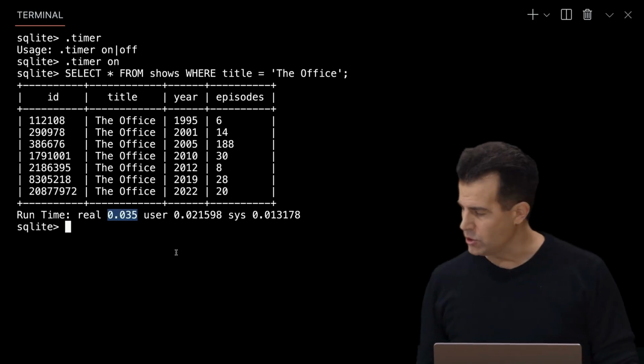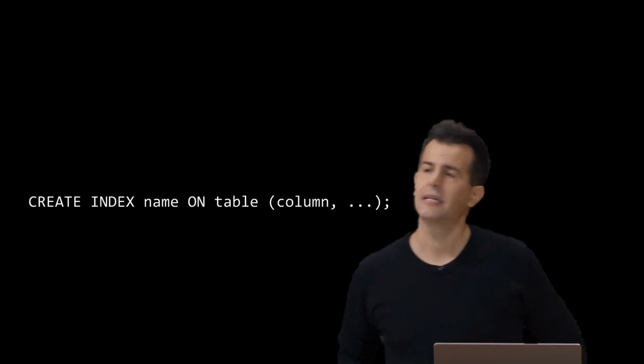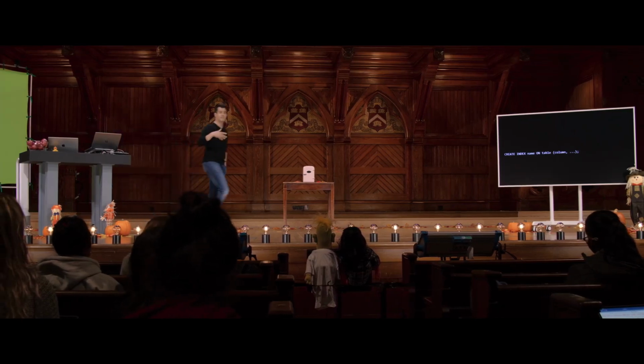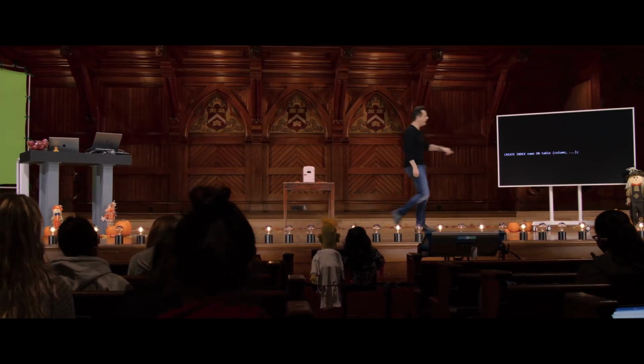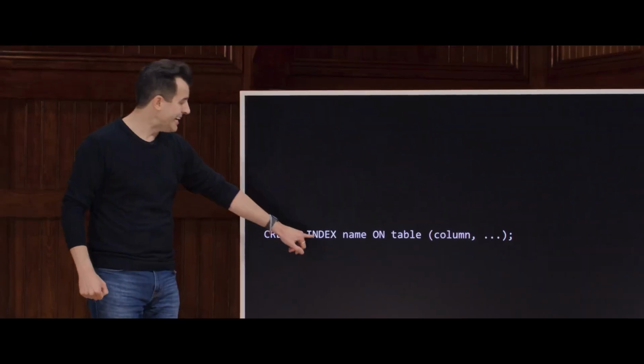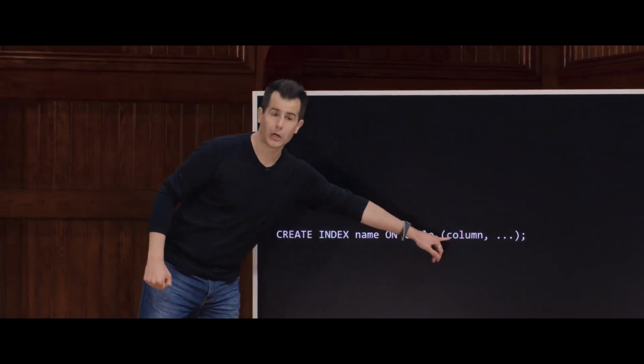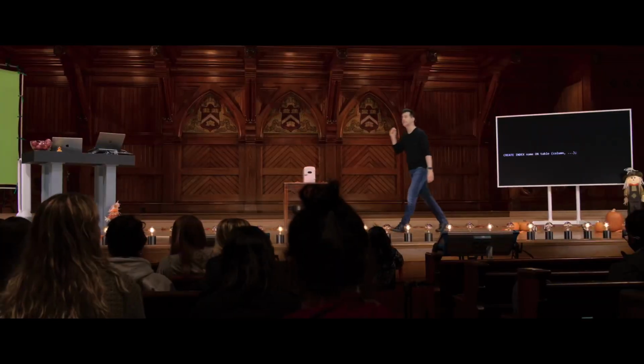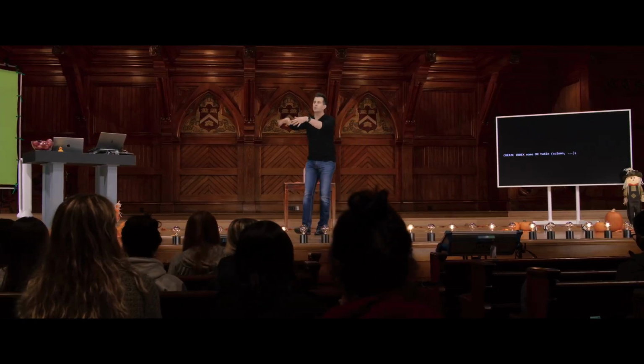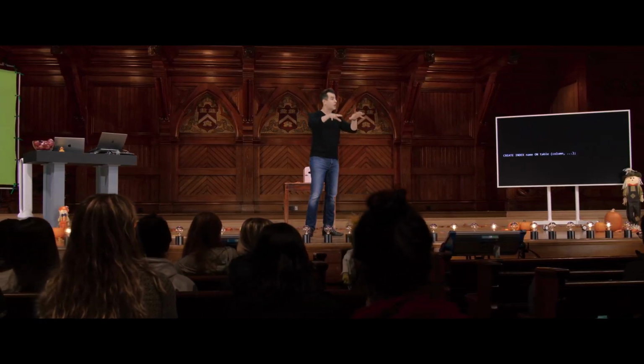Well, we can if I do this. If I use syntax like this once in the beginning of the design of my database, I create not a table, but an index with some name on a specific table on one or more columns. I can give a hint to the database in advance saying, please optimize with some secret sauce searching or selecting on this column in this table so that my searches are faster.